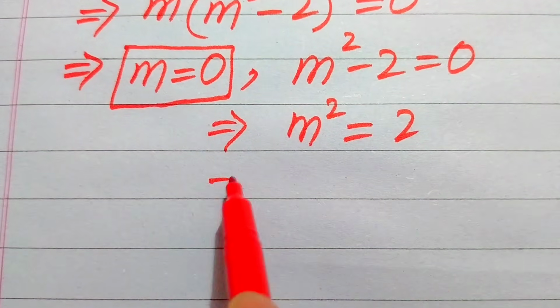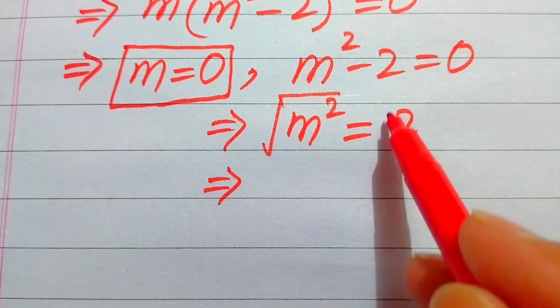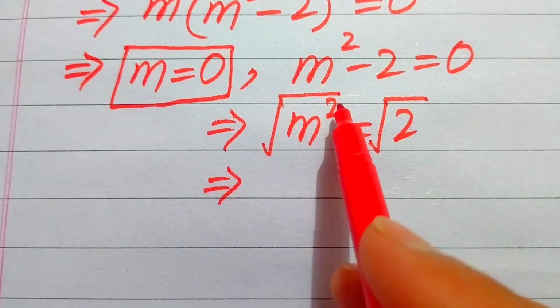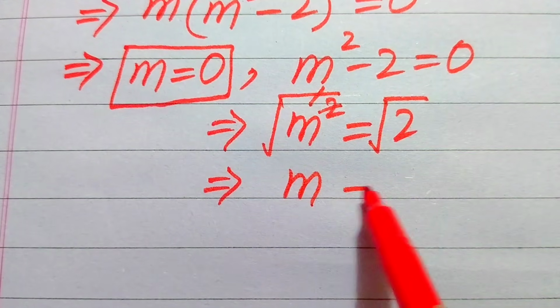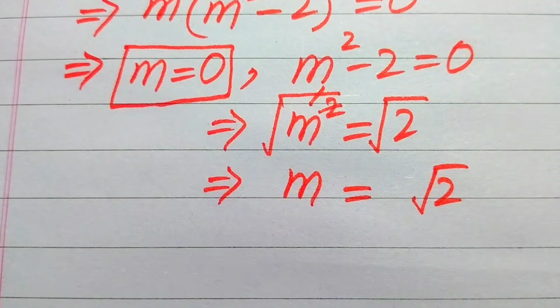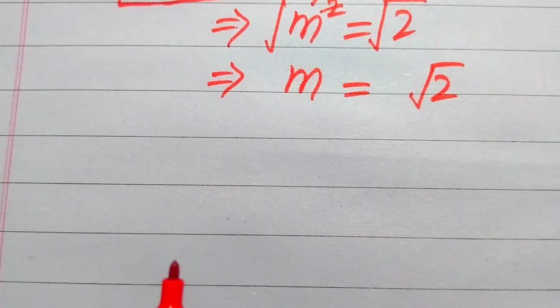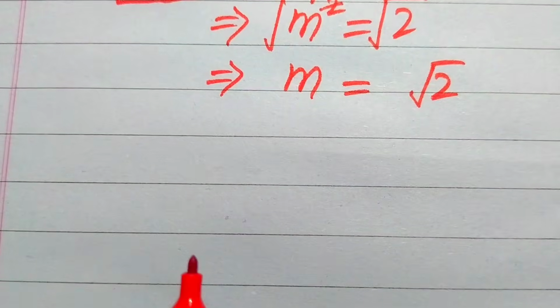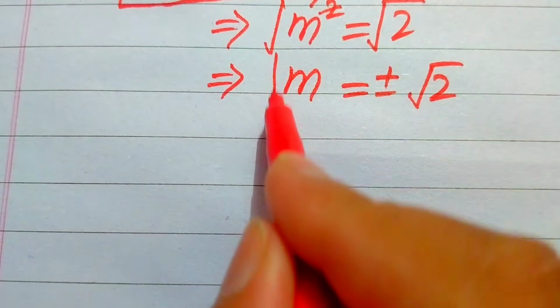And now for other roots of m, we need to remove the square sign, and for this we apply square root on both of the sides. So you see that this 2 and this square root are gone, and we get m is equal to square root of 2. And you know that when we apply square root on both of the sides, we write plus minus sign on any one of the sides, and we write it into the right hand side.